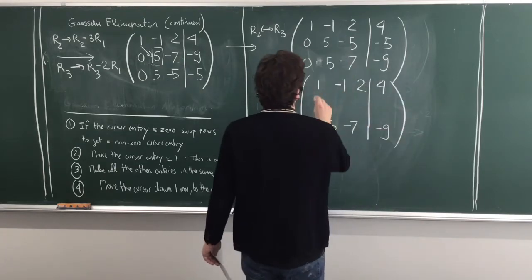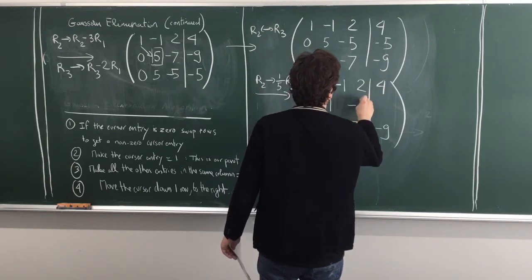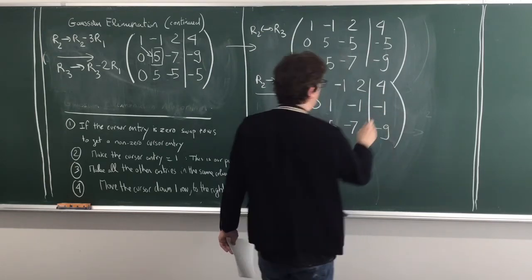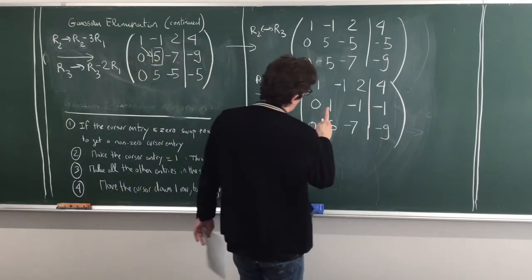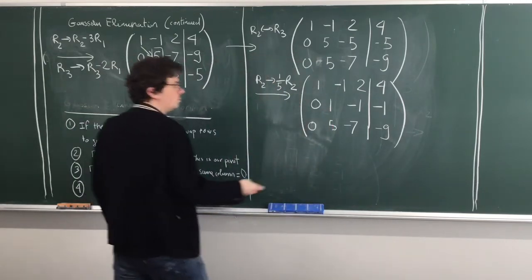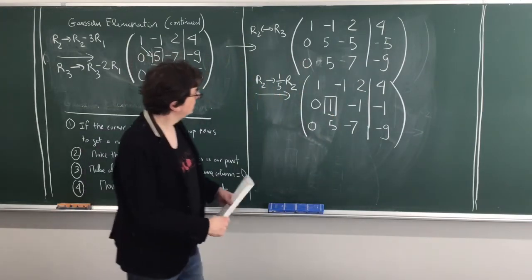And this one just becomes 1, minus 1 and minus 1. Okay. Now, once I've done this, well, my second pivot is ready, as you can see.